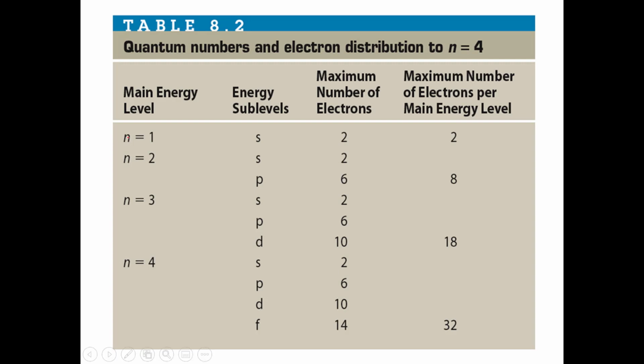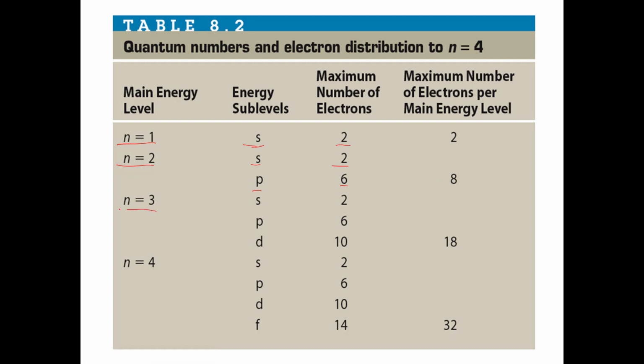In this case, the first orbit can hold just 2 electrons. It has 1 subshell. The second orbit has 2 subshells, S and P, and can hold a maximum of 8 electrons, because remember, P can hold 6 and S can hold 2, and 6 plus 2 equals 8.